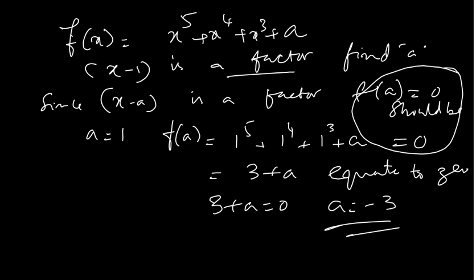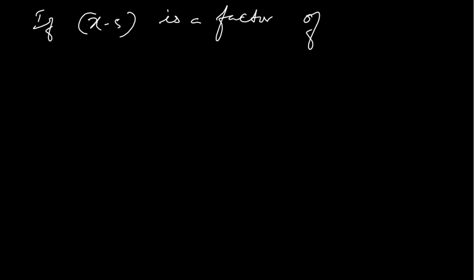Understood? So I'll give a question, and let's see whether you will be able to do it or not. If x minus 5 is a factor of x squared plus x plus a, find the value of a.